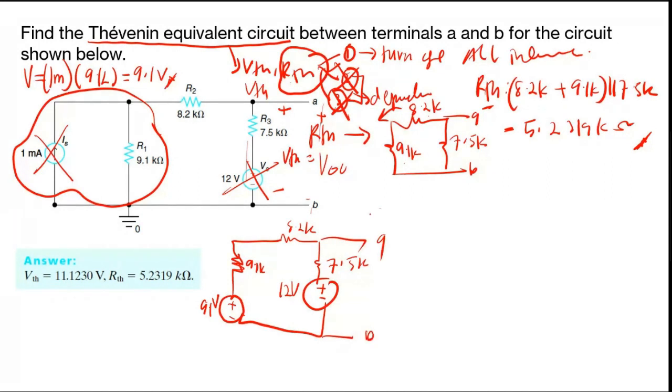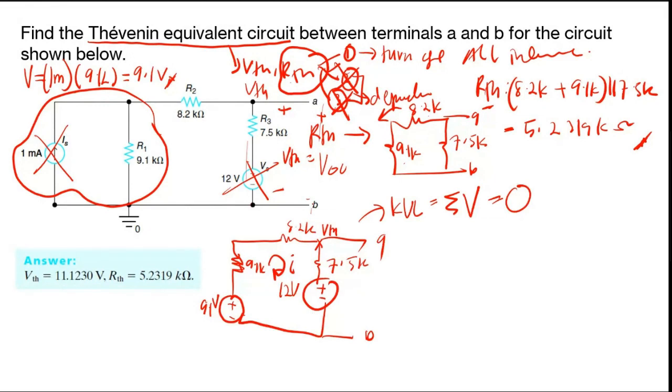So you can use KVL here, where you know KVL is the summation of voltage equal to 0. First you can find the I here, because you want to find the VTH, right?